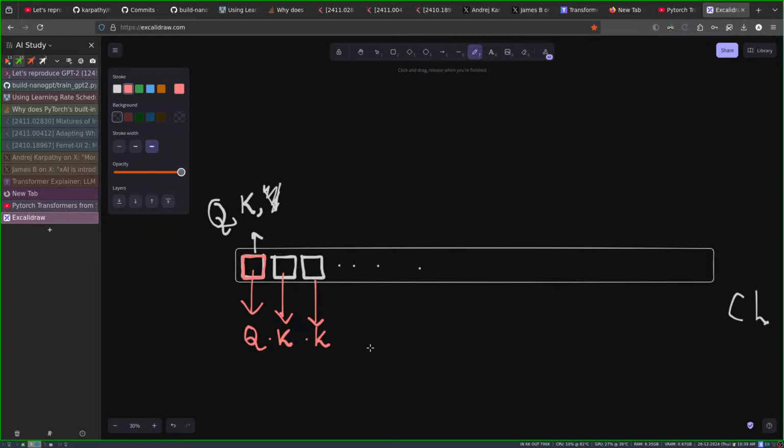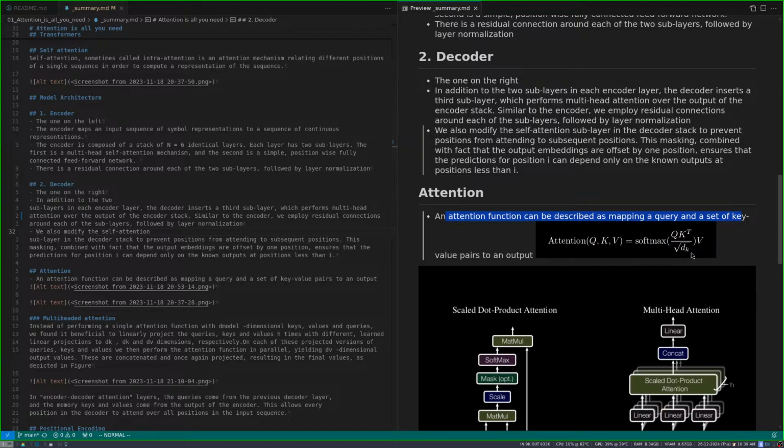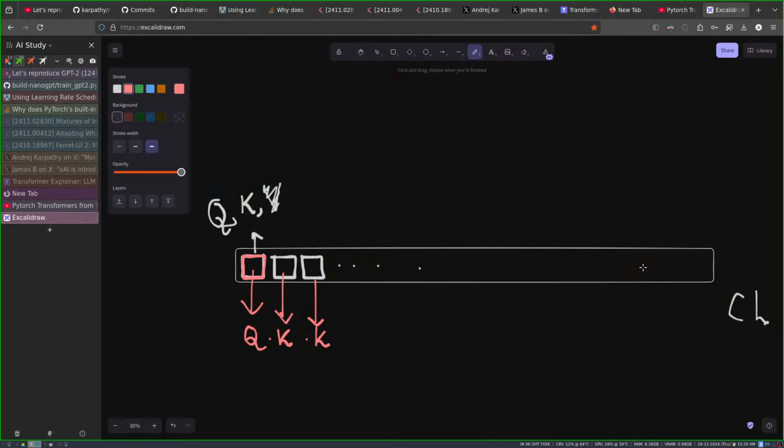And when we do that, we get a score. Dot product actually means alignment. When we dot product similar things, the dot product value is higher than that of less similar things.